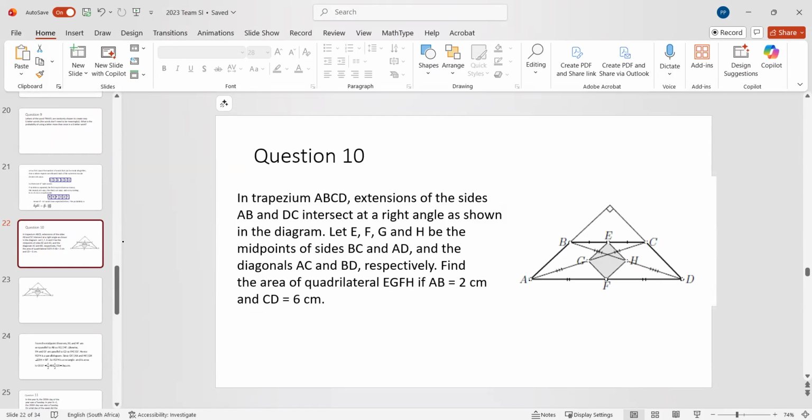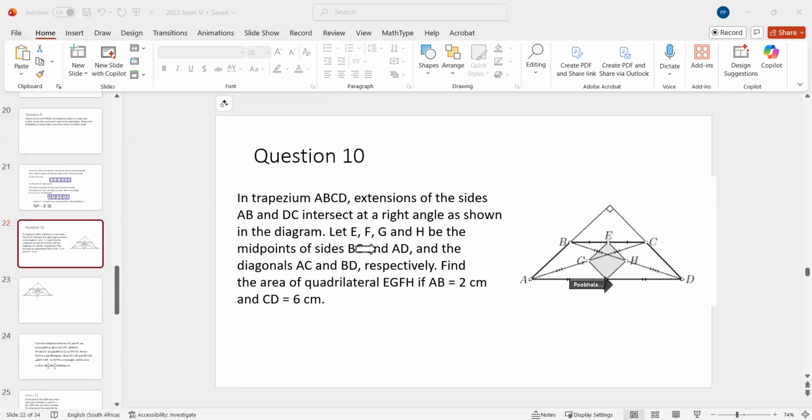So this question says, there's a right angle triangle. The right angle is at the top, as you can see. And you've got that this line BC is parallel to AD.